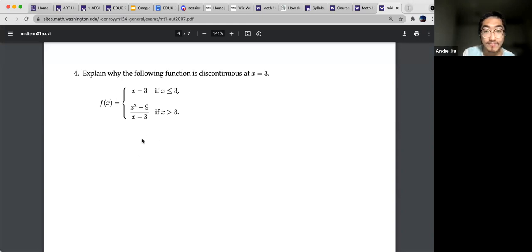For the right side limit, we have a singularity here, so we cancel the x minus 3, and then we get 6. However, if we do the left side limit, 3 minus 3 is 0. In this case, the two-sided limits are not equal, so the function is not continuous at x equal to 3.